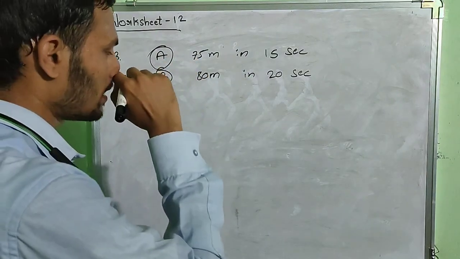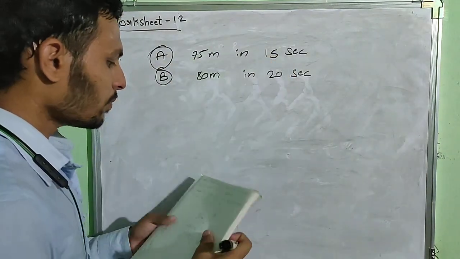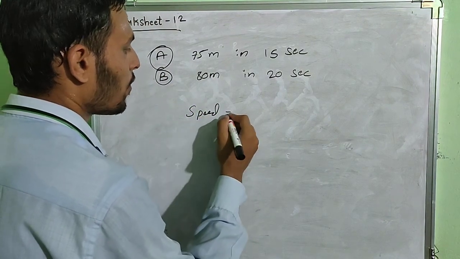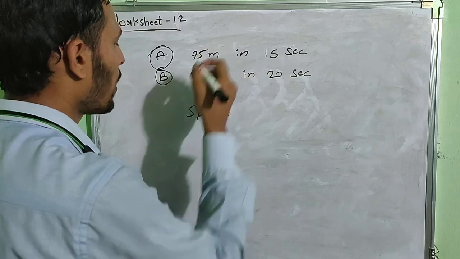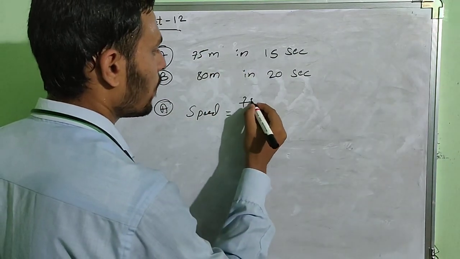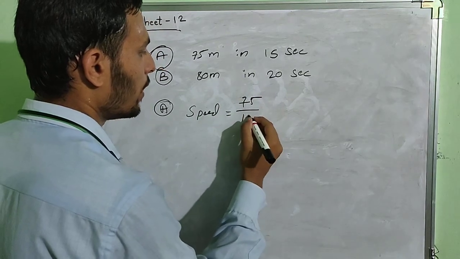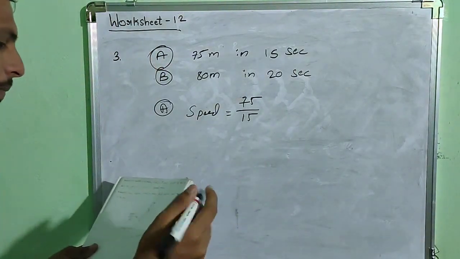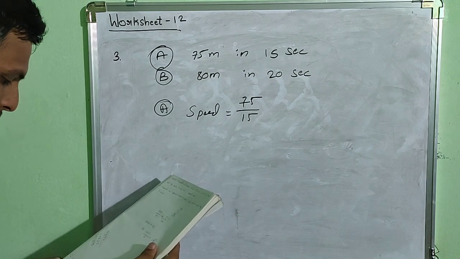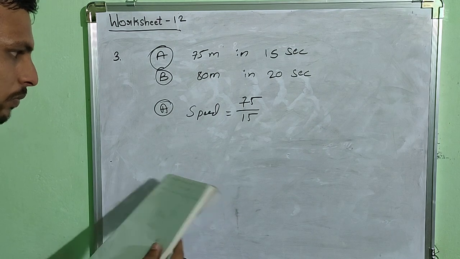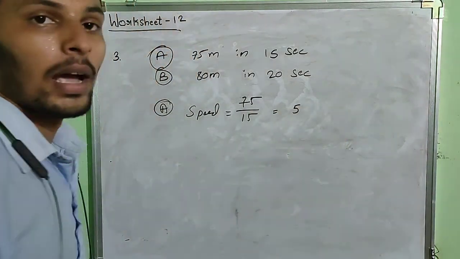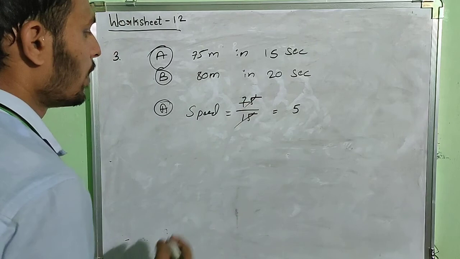Let us see this. For speed, we have the formula distance by time. For student A, 75 divided by 15, I'll get 5.